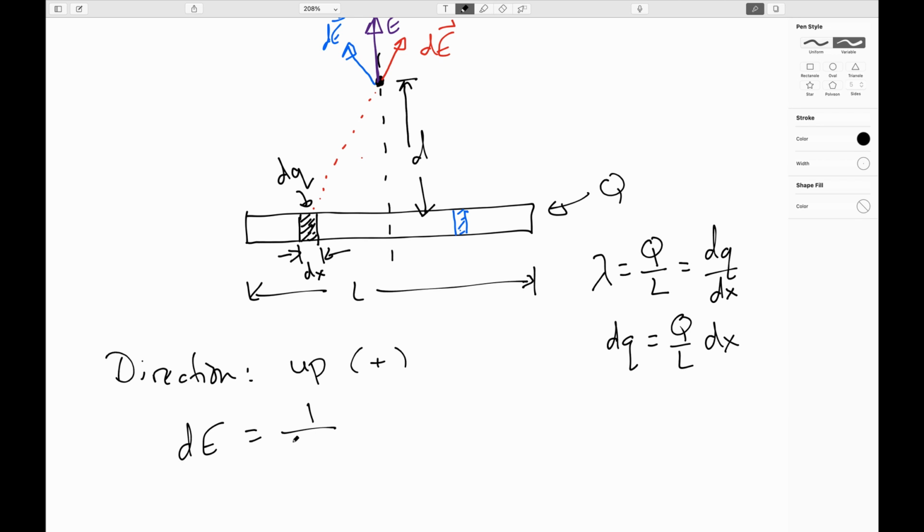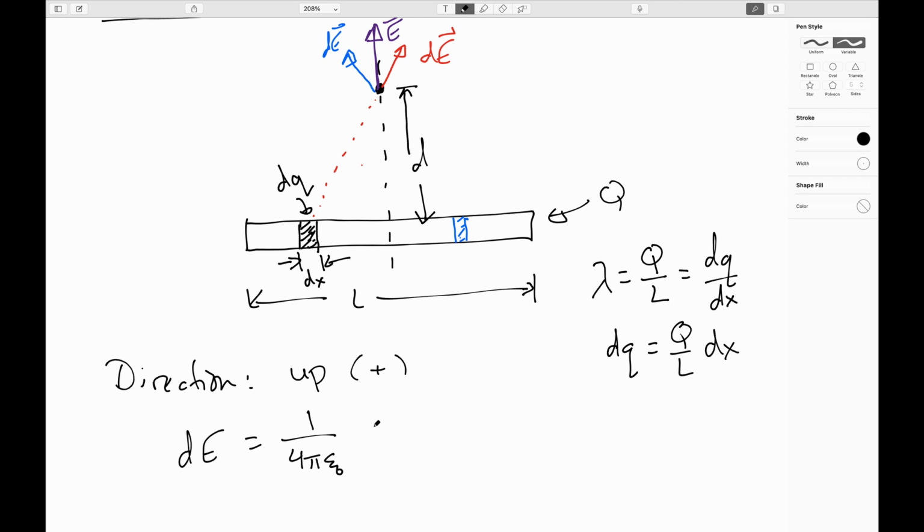That will be k, or we can write 1 over 4 pi epsilon naught. So then we're going to be taking the charge and dividing by the square of the distance. So my charge is dq. Now this distance here, we can call this r squared. And this distance r, thinking ahead to when we want to integrate, let's go ahead and say this is x equals 0. This will be x squared plus d squared, where d again is this distance here.